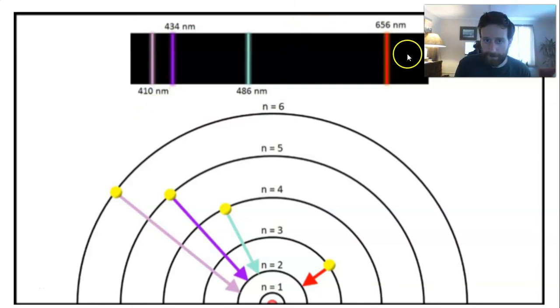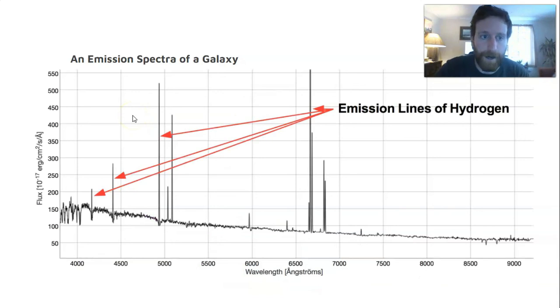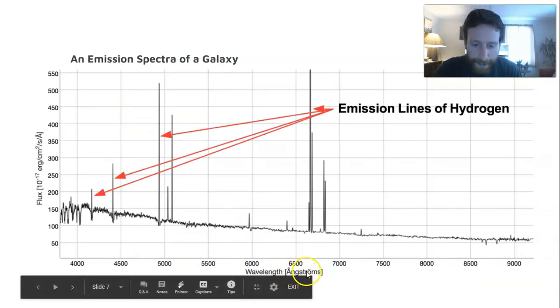When we go back, we'll take note of a couple of these numbers. The red line is at 656 nanometers. The farthest purple is at 410. We go back to the emission spectra of the galaxy. To convert nanometers into angstroms, we just multiply by 10.